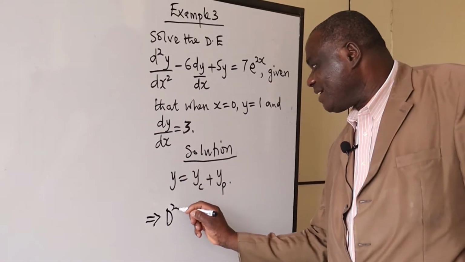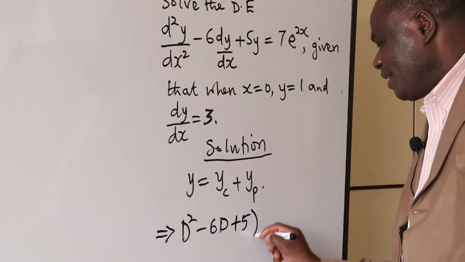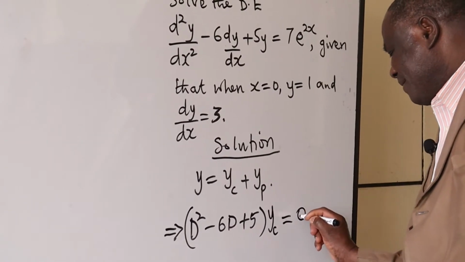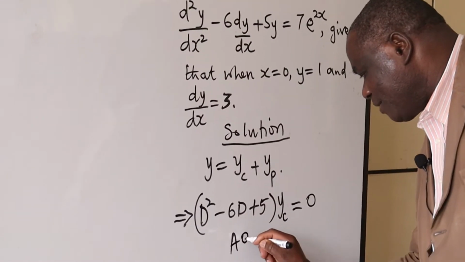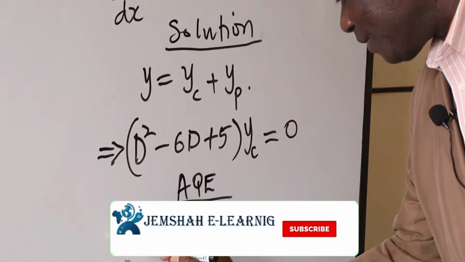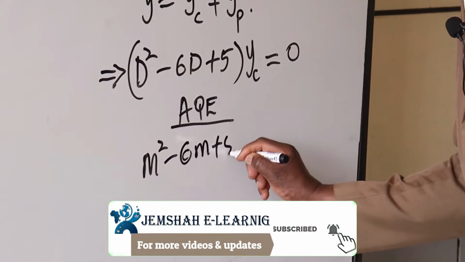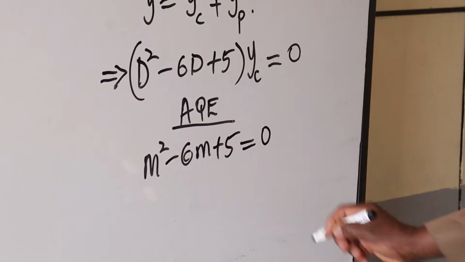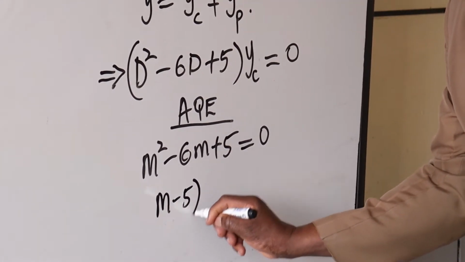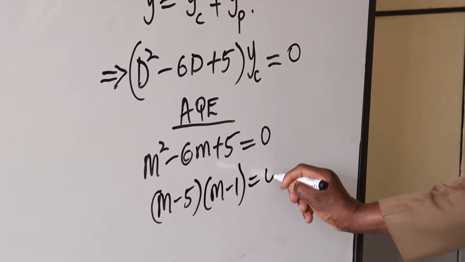D squared minus 6d plus 5 into yc should only give us 0. From here we generate the auxiliary quadratic equation, m squared minus 6m plus 5 equals 0. This is m minus 5 into m minus 1 equals 0.